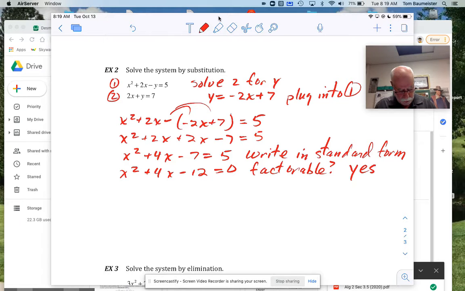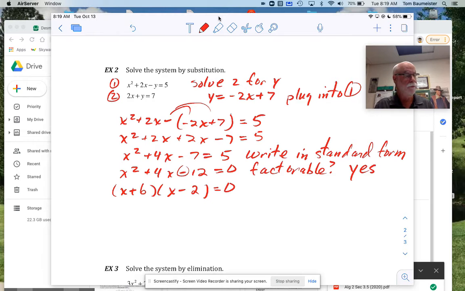I'm going to look at this and say I have an x, I have an x. The last one's negative, so automatically one's positive, one's negative. And what are factors of 12 that, when I add them, give me a positive 4? And you would tell me it's plus 6 minus 2.